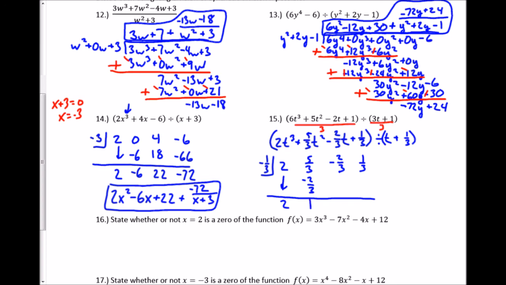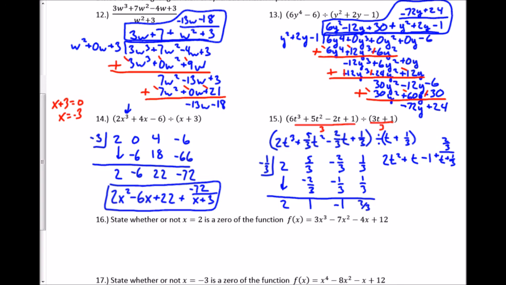Now I multiply. That's a negative 1/3. When I add straight down, that's a negative 3/3, which is a negative 1. Then negative 1/3 times negative 1 is a positive 1/3. When I add straight down, that gives me a 2/3. So what this translates into is a 2t squared plus t minus 1 with a remainder of 2/3 over the t plus 1/3, the thing I was dividing by.